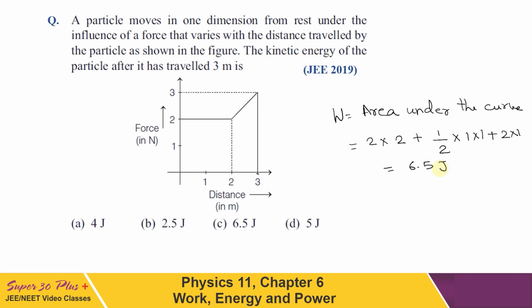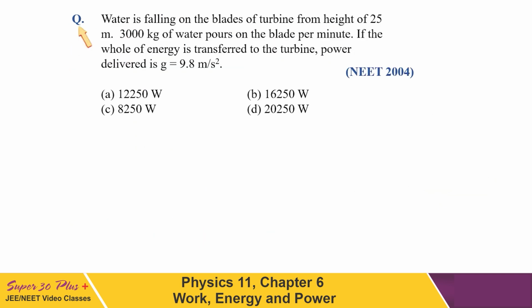It is the total work done, and as we know from the work energy theorem, work done is the change in kinetic energy. So change in kinetic energy will be 6.5 joule, and that has to be equal to the final kinetic energy because initial kinetic energy is 0. So our correct option is the third option.